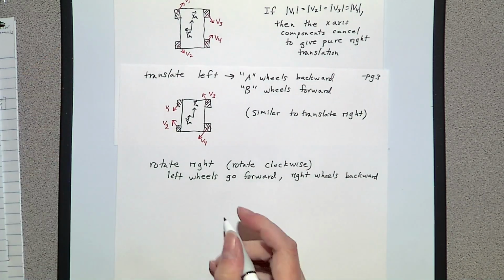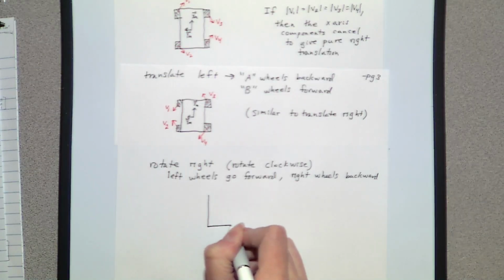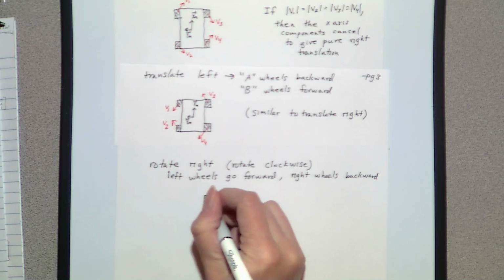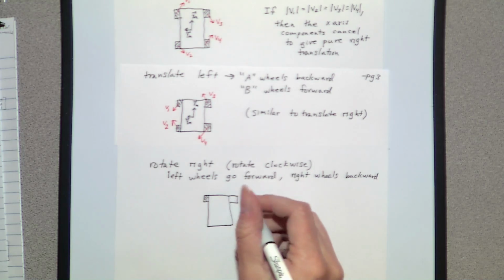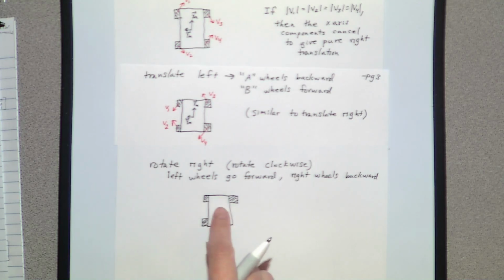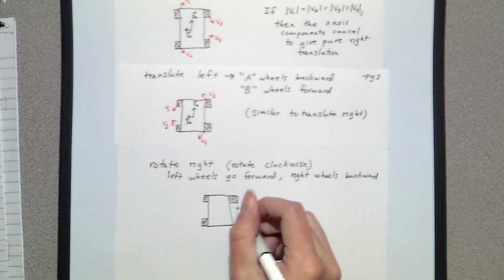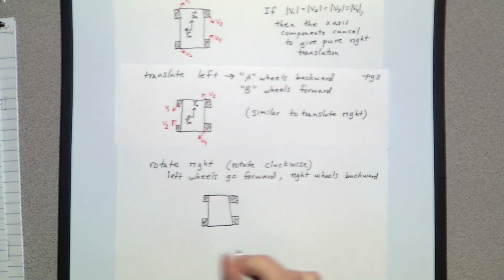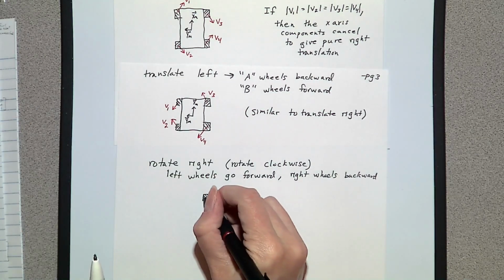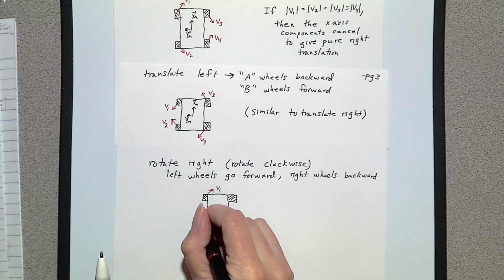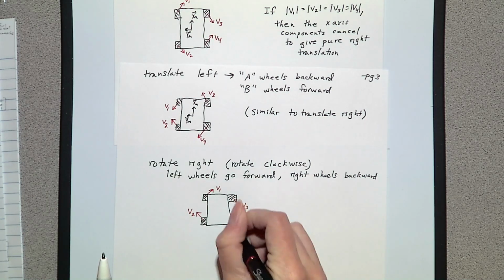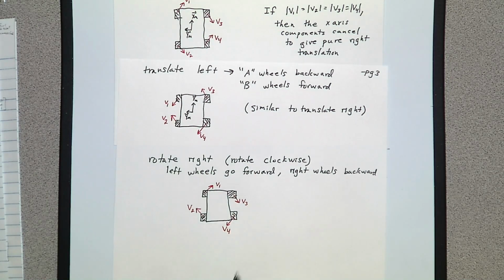So this is similar to what you would expect for a regular, like an Ackermann type car. But because we have the additional sliding, we're able to rotate directly about the center of our robot. So we have V1, V2, V3, and V4.